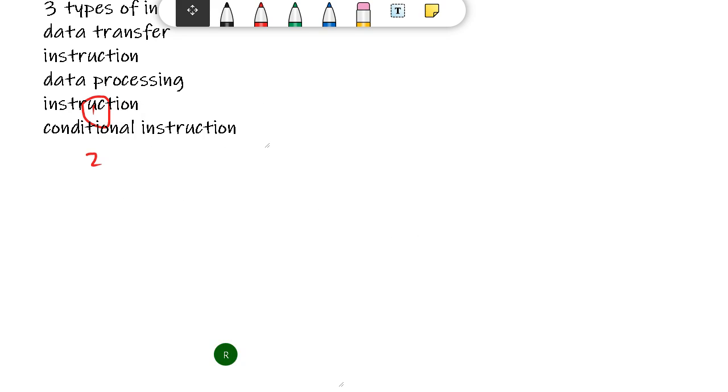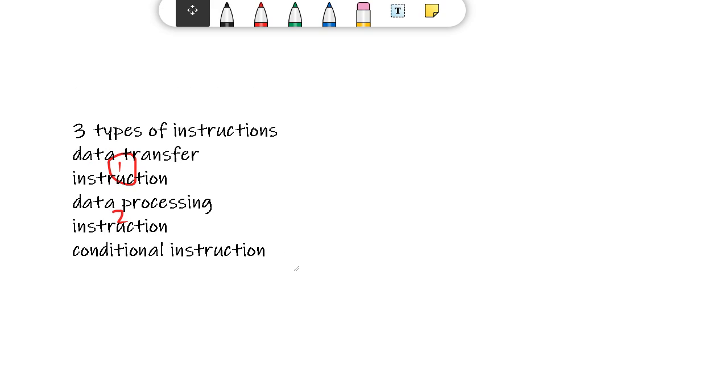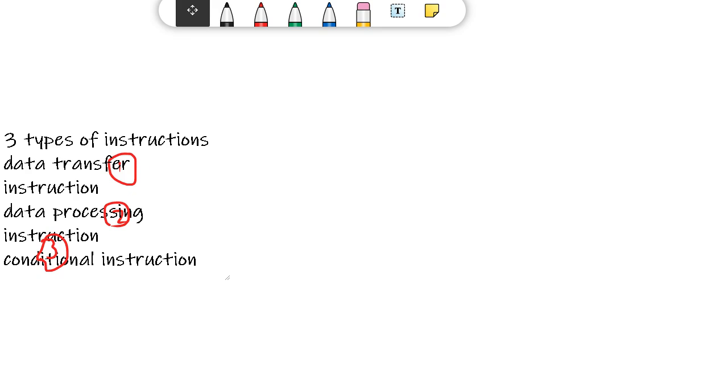Second is the data processing instruction. And the third one is the conditional instruction. These are the 3 types of instructions. Whatever the computer you take, all the instructions will come under these 3 categories.